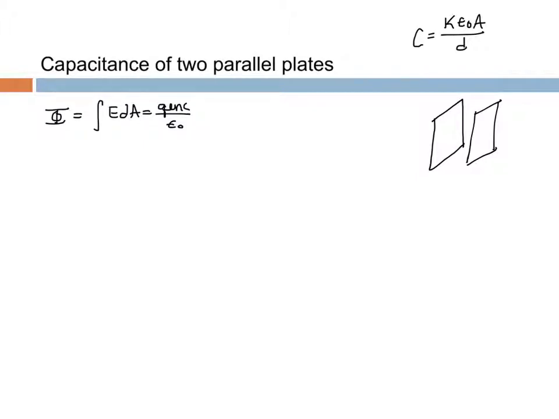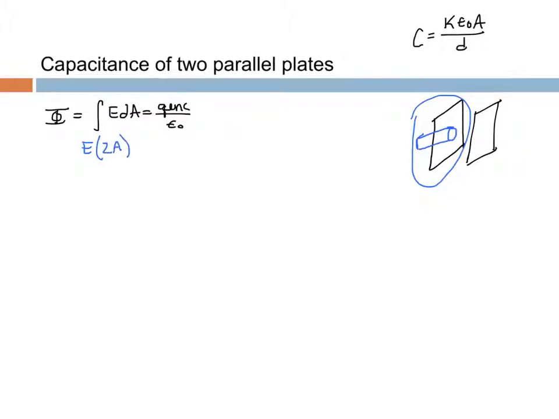So what I'm going to do first is look at Gauss's law for just one of the sheets. I'm going to say that I have a shape, and it can be any shape, but most commonly you'll see this as a cylinder. Now again, the electric field is going to be constant everywhere, so I can go ahead and pull that out of my integral, but my area is going to be 2 times my area.